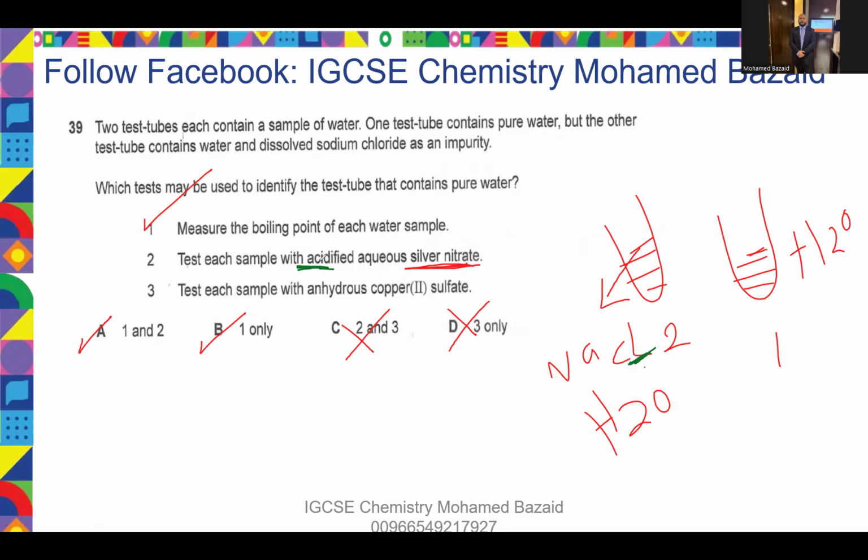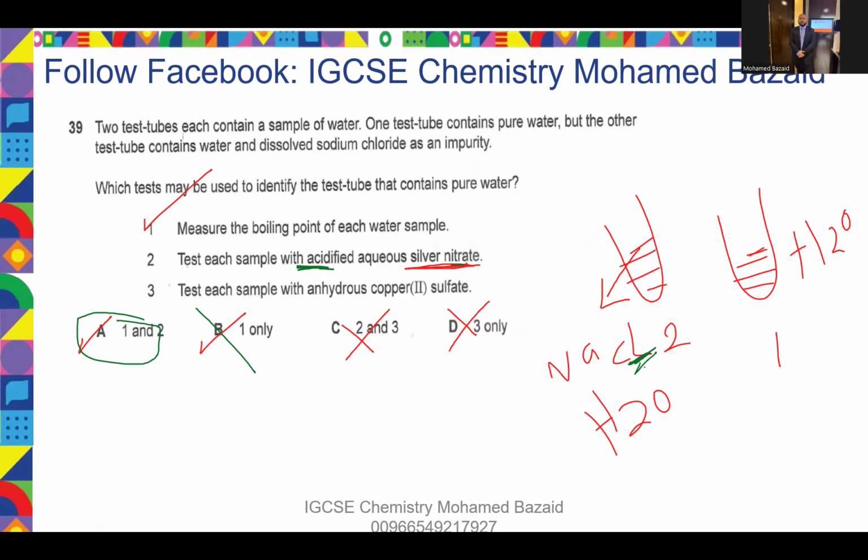If you remember, when you add acidified silver nitrate and there is a chloride, a white precipitate will form. So I can use number 2 as a test for the purity of water. So it is 1 and 2. So I will cancel letter B, and the answer will be letter A.